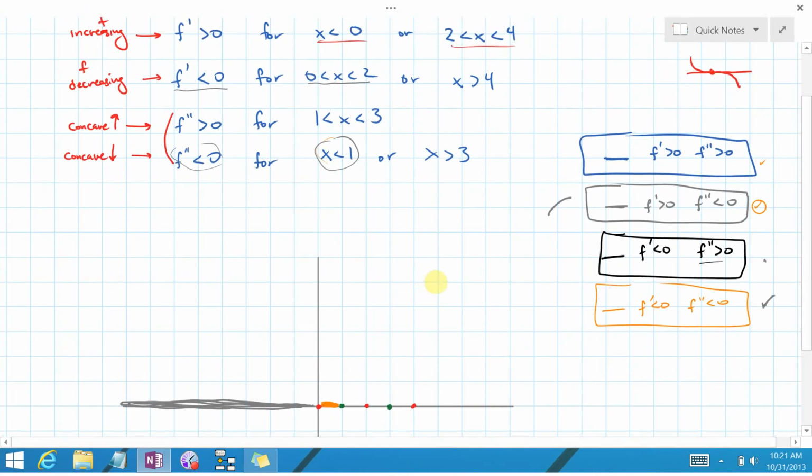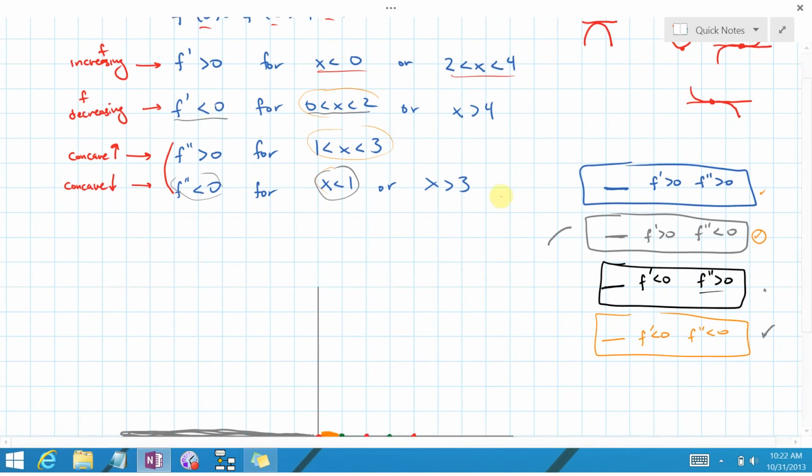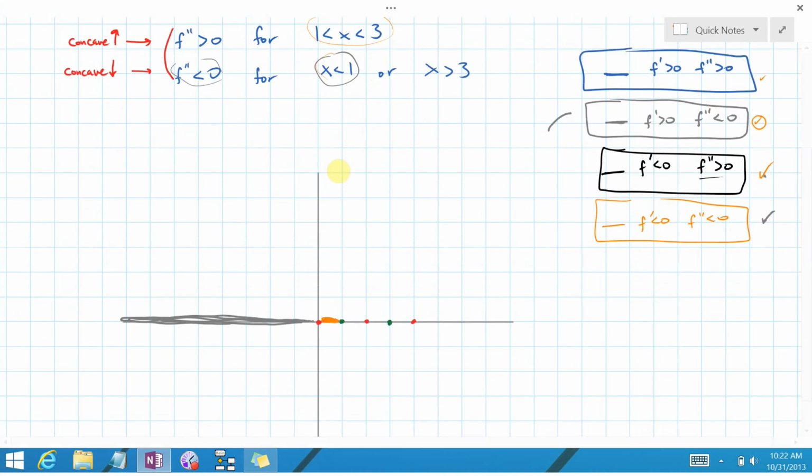Between 1 and 2, looks like my f prime is negative, so I'm decreasing. And my f double prime between 1 and 2 is positive, so I'm in a black interval. So let me swap over to black. And that's my next subinterval.